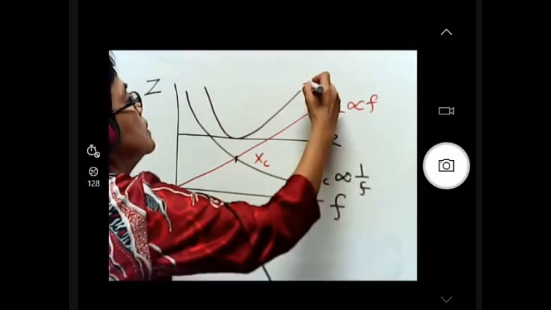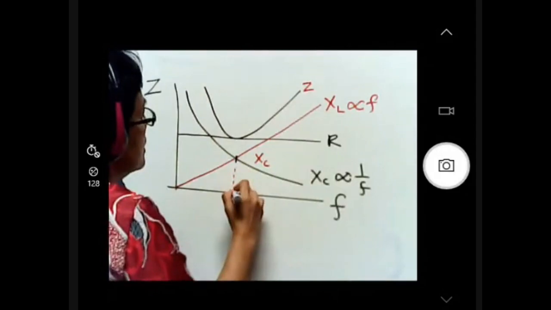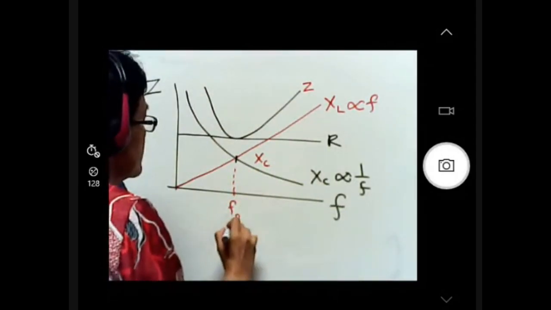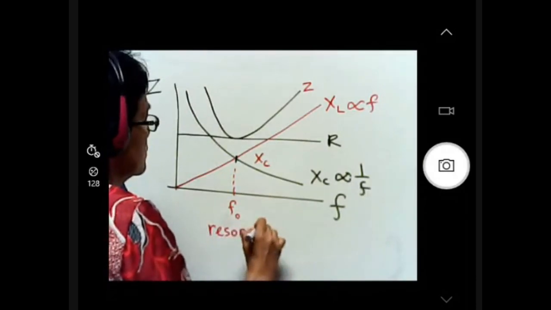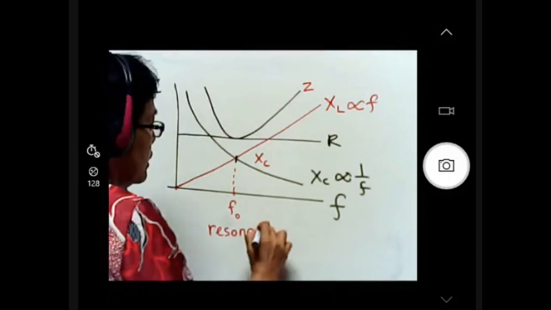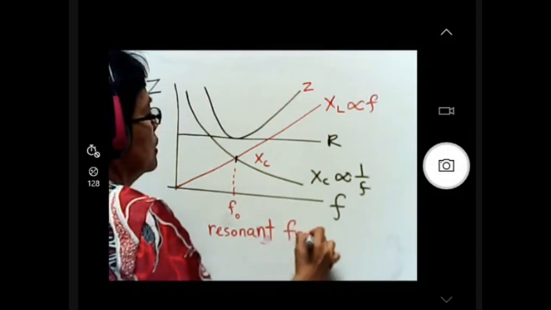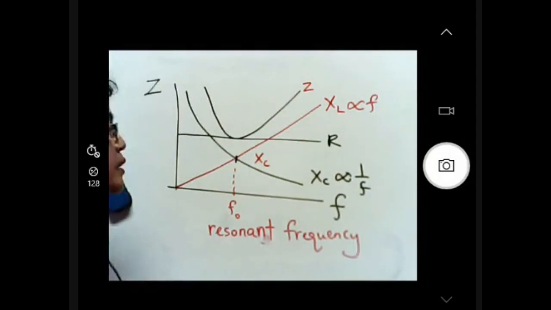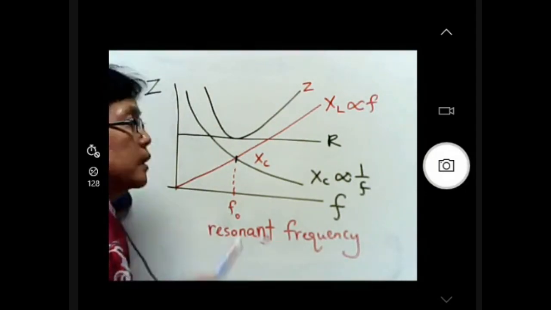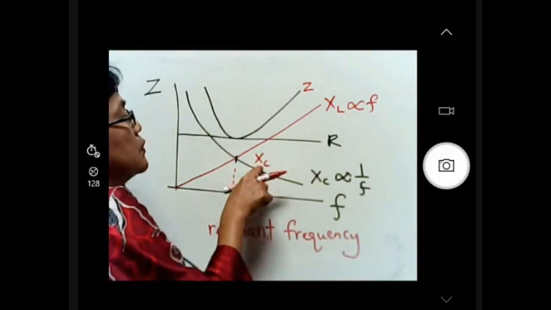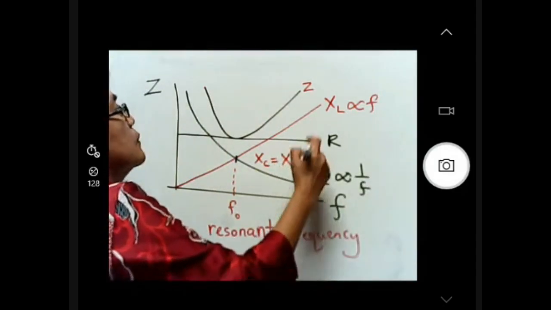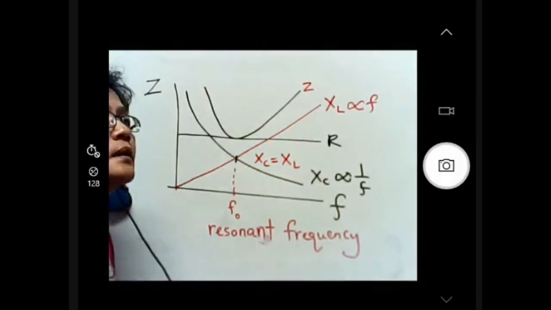So this is impedance. This is what we call the resonant frequency. This frequency occurs when the value of capacitive reactance equals the value of inductive reactance.